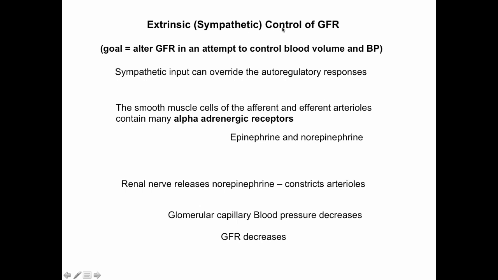Extrinsic sympathetic control is actually much less complicated. Now remember, with extrinsic sympathetic control, the goal was actually to alter GFR, increase it or decrease it, in order to compensate for a change in blood volume and blood pressure. So sympathetic input overrides autoregulation. Sympathetic input comes through the innervation of smooth muscle cells in both the afferent and efferent arterioles by sympathetic nerves.